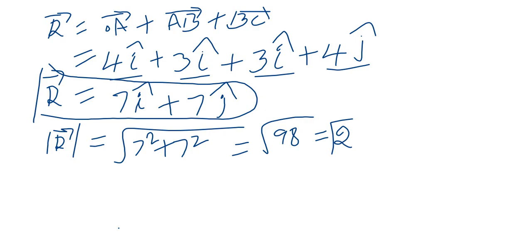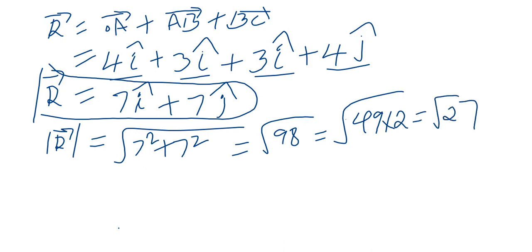Write this as 49 into 2, that means 7 root 2 centimeters. So here the resultant vector is 7i cap plus 7j cap and its magnitude is 7 root 2 centimeters.